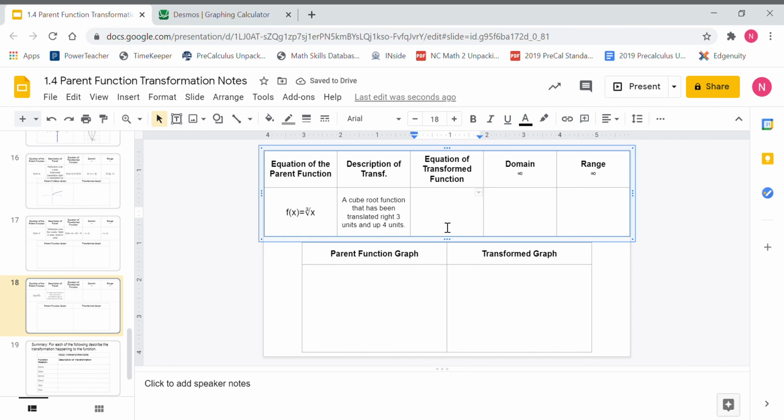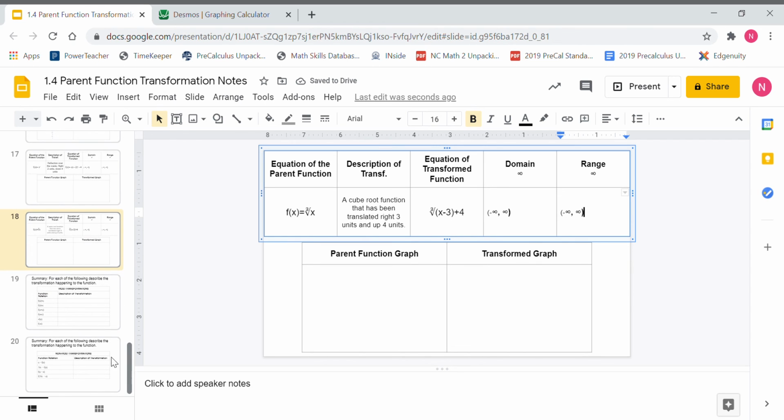So it's the inverse of a cubic function. And its transformed function, if it's been moved to the right 3, we'll subtract 3. And if we go up 4, we add 4. And so your domain for a cube root function is the same as the parent function. And so it's all real numbers, negative infinity to positive infinity. And so you can always click and drag your parent function graph.